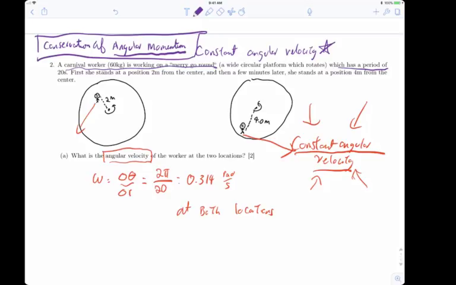So the deal is that in a merry-go-round, there is an engine. There's a motor that's pushing everything in a circle, that's maintaining a constant speed, that's regulating how fast the thing is going around. So this system is not isolated. If the system is isolated, the total angular momentum would be conserved.